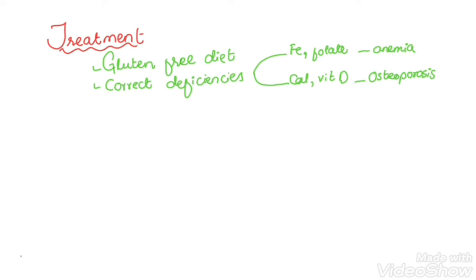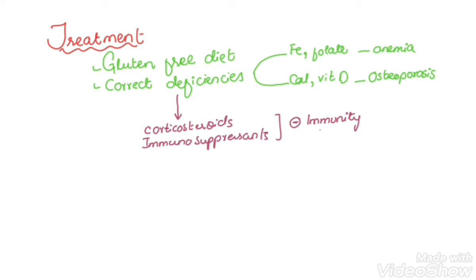If the patient does not respond to these things, then we proceed towards use of steroids, corticosteroids, and immunosuppressants. This suppresses the immune response and the autoantibody formation against gluten. For skin lesions which are pruritic vesiculopapular lesions, we give him dapsone.